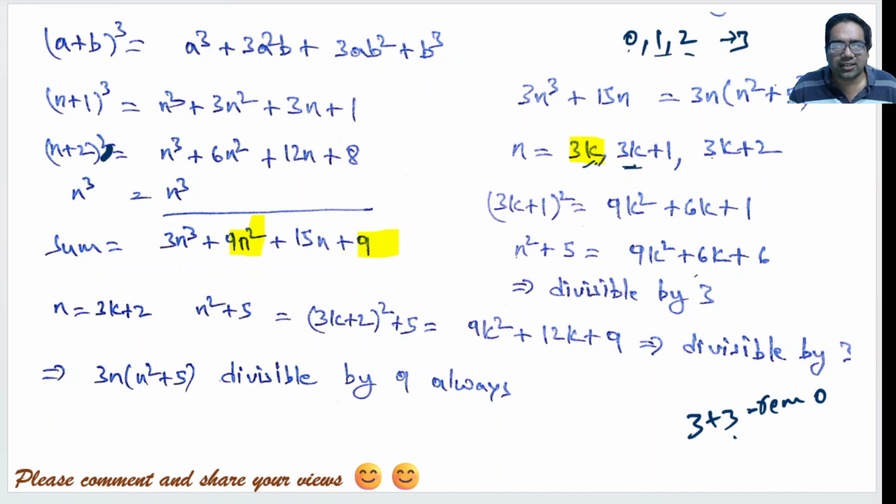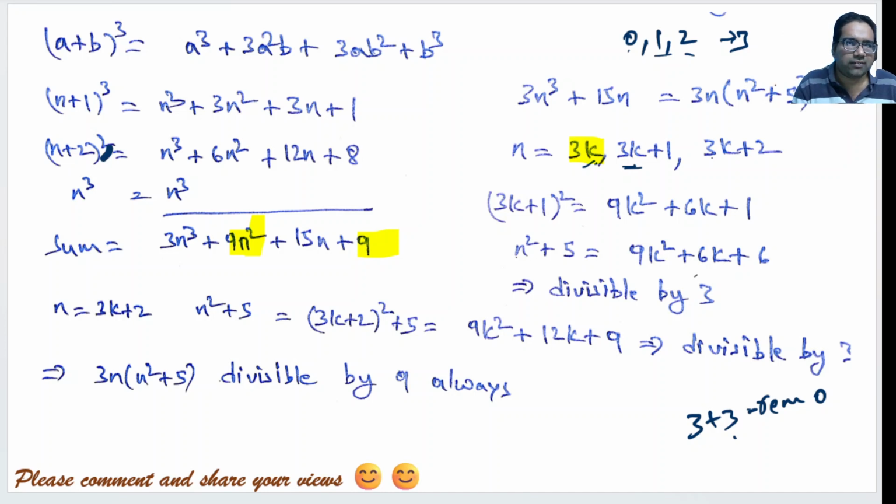Now n can be either 3k or 3k plus 1 or 3k plus 2. When n is of the third form, 3k plus 2, for example, n is something like 5.